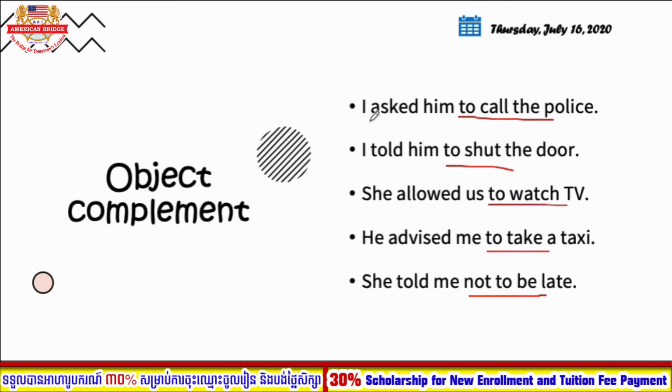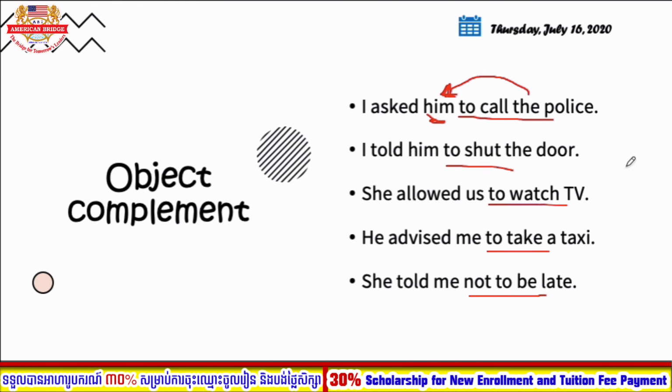So let's see. I asked him to call the police. You are not the one who called the police, but it is him. So to call the police functions as the object complement because it completes the meaning of the sentence here. It has something to do with the word him, which is the direct object.